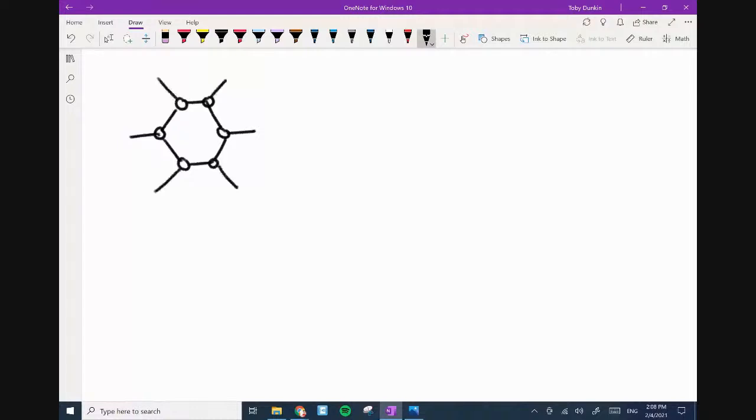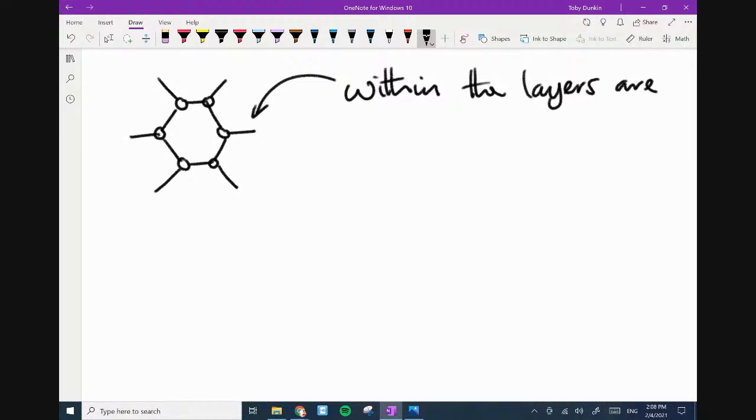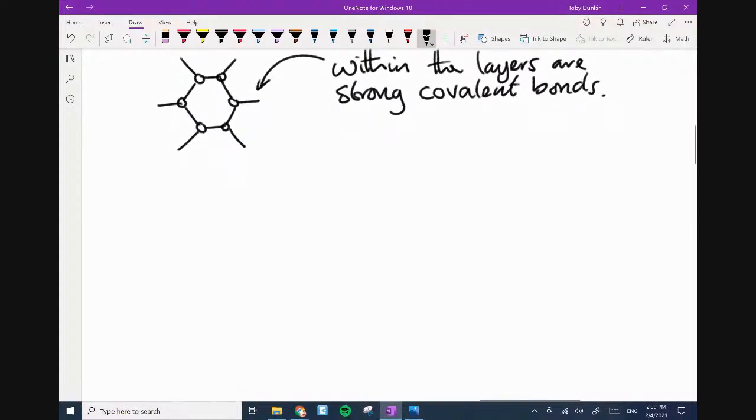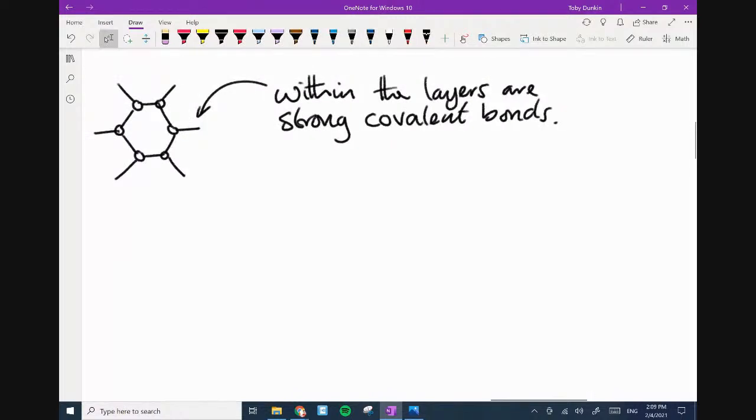Yeah, this is within the layers. These are the strongest bonds I have. Thousands of melting points to break, thousands of degrees. Yeah, and then what is between the layers?